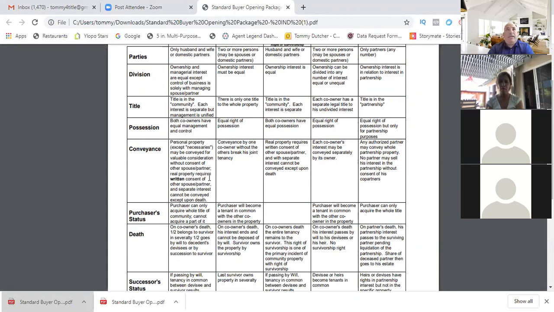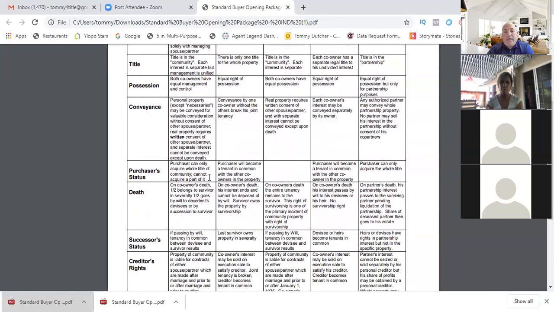So let's say that 2 people own a property and they want to sell 50% of the rights to that property to somebody else or bring a third partner on. They can do that. However, on title, the 2 people would hold as joint tenancy and the 1 as tenants in common, all on the same deed, okay?